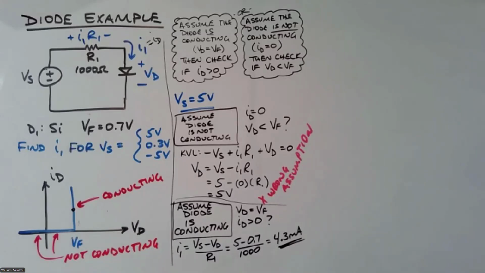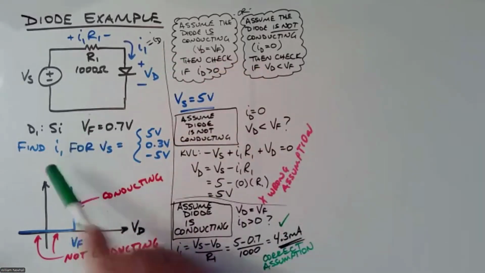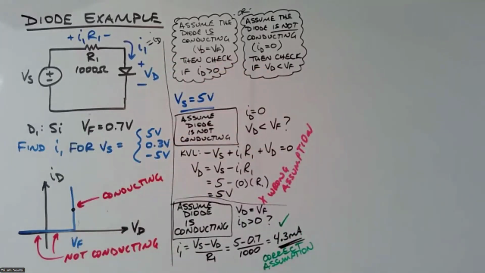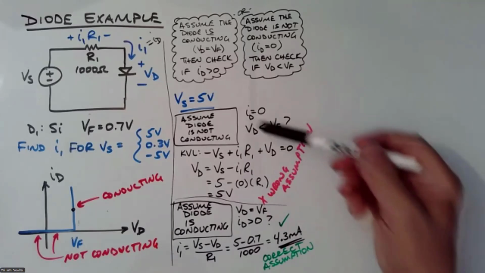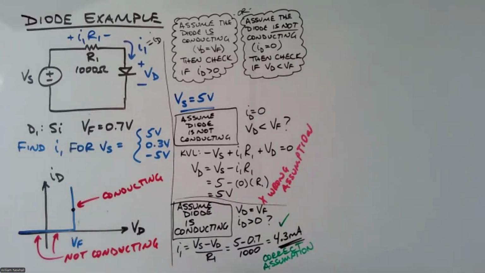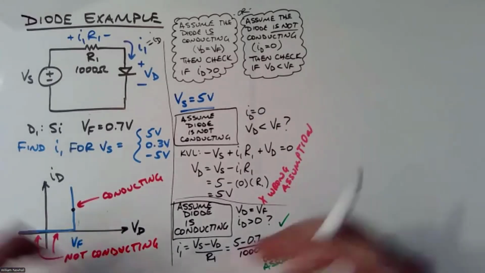So this is the right assumption, the correct assumption. So the answer for I1 is 4.3 milliamps. If VS equals 5 volts, I1 is 4.3 milliamps.